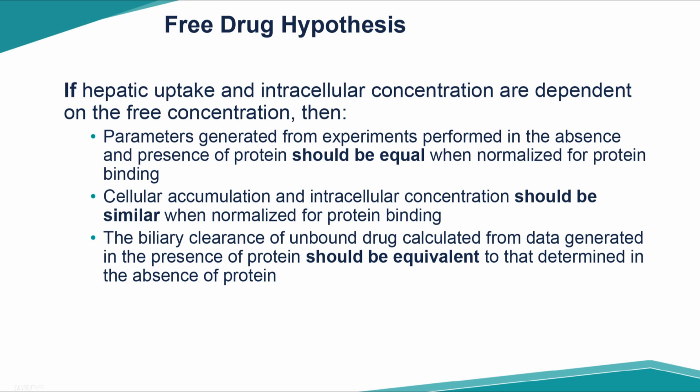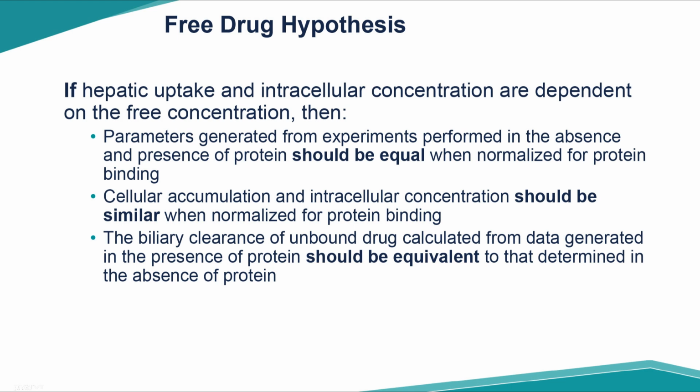So for the free drug hypothesis, if hepatic uptake and intracellular concentration are really dependent just on the free concentration, then we should be able to do an experiment with protein or without protein and get the same numbers if we normalize for the extent of protein binding.